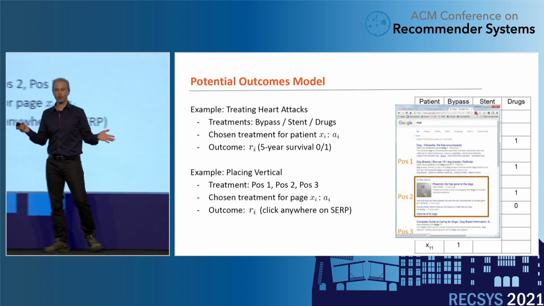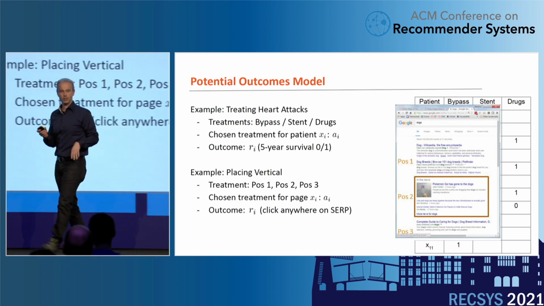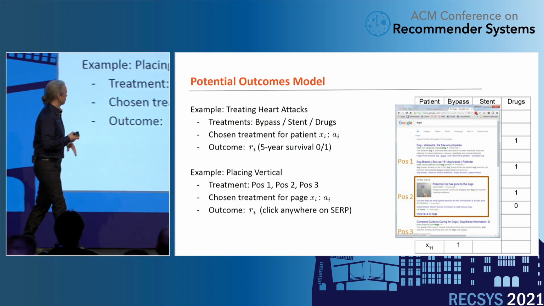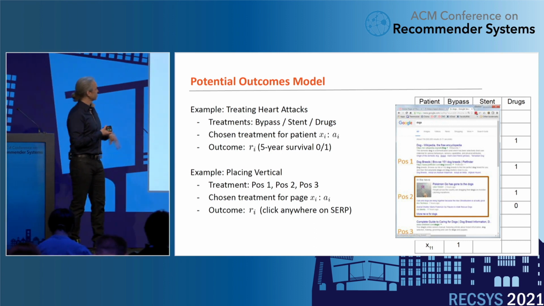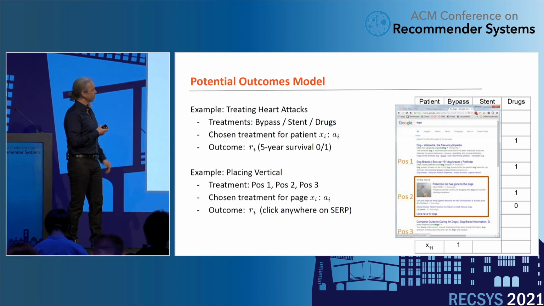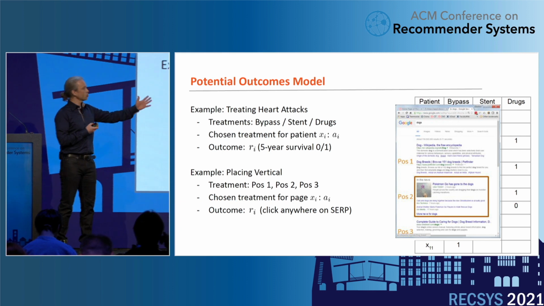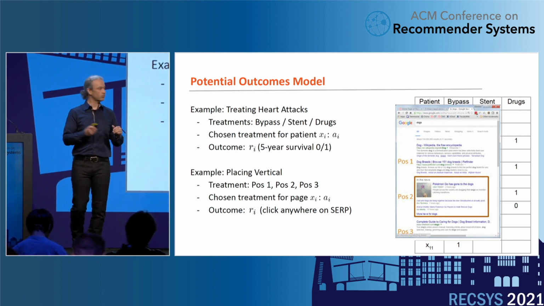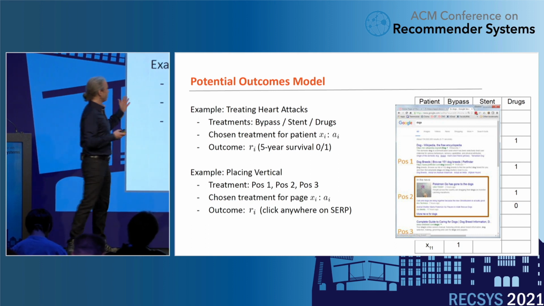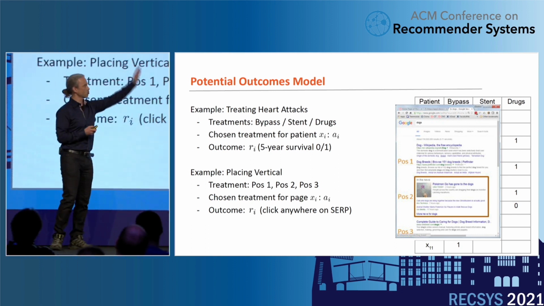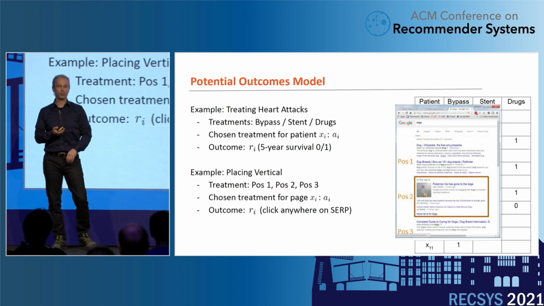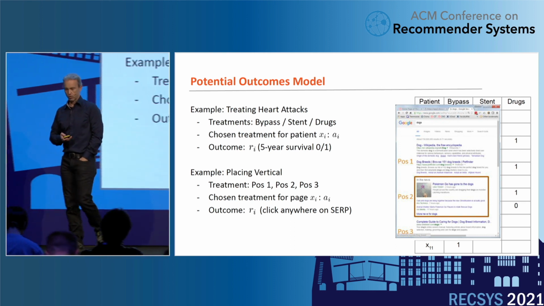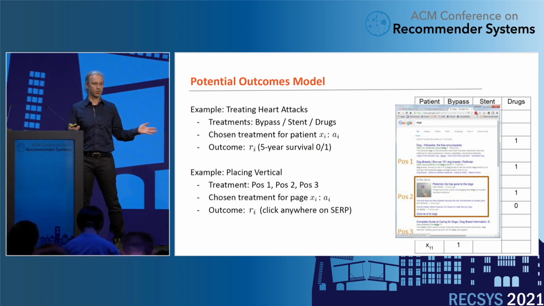These are our three actions, not stent, bypass, and drugs, but position 1, position 2, position 3. There's a chosen treatment for any user that comes in. And then we see our outcome, our reward, whether users actually engage anywhere on the SERP. That's our reward. Structurally, it's exactly the same.